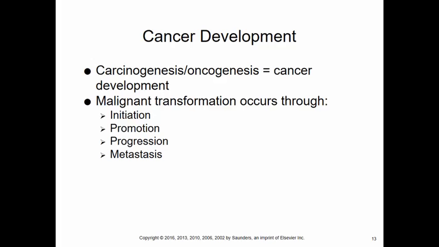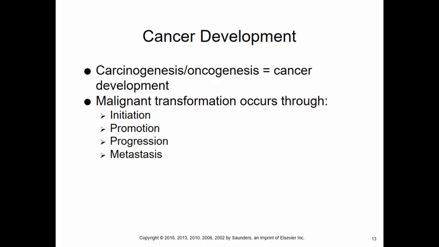Promotion is the next step of malignant transformation, and promotion is the enhanced growth of a dividing cell. Promoters are the substances that do this. So once a normal cell has been initiated by a carcinogen, it's considered a cancer cell. At this point, it can become a tumor if it's enhanced.